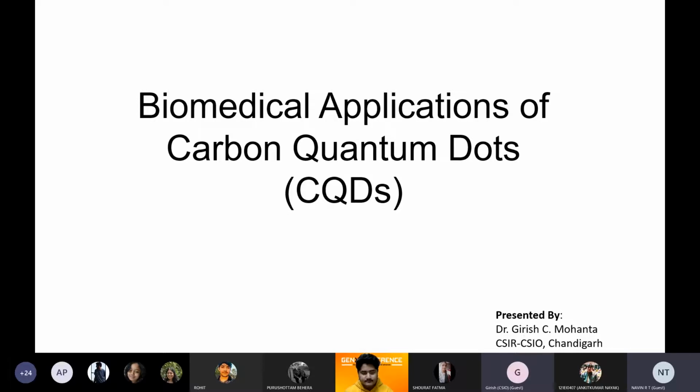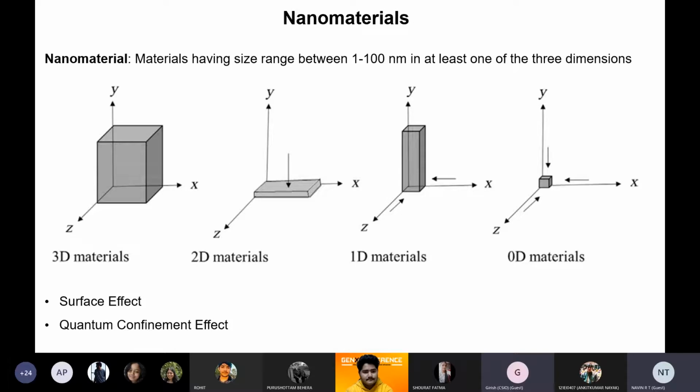So before going to carbon quantum dots, let us recall what we have learned about nanomaterials, because carbon quantum dots are a kind of nanomaterial. These nanomaterials have at least one of their dimensions below the 100 nanometer range.